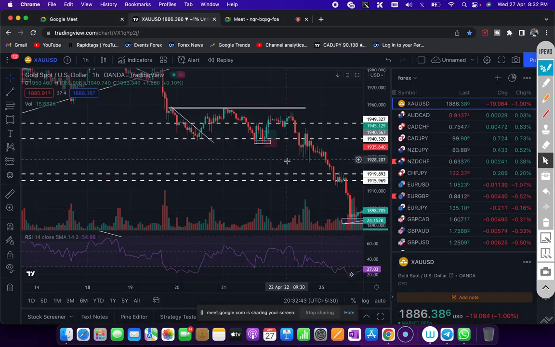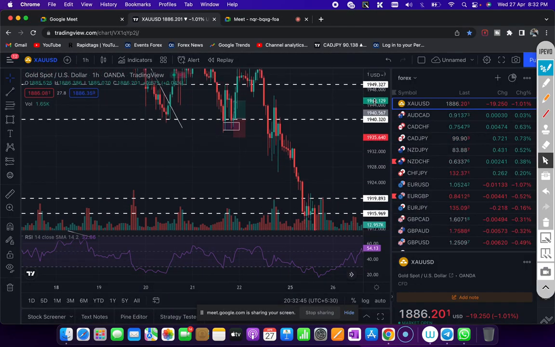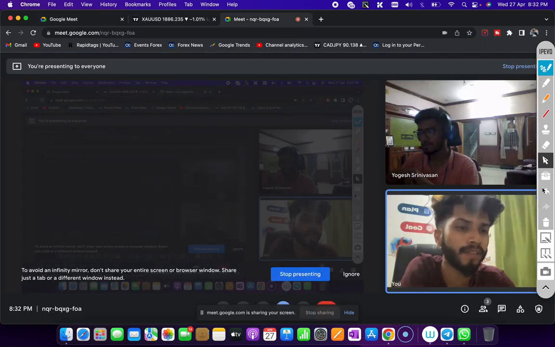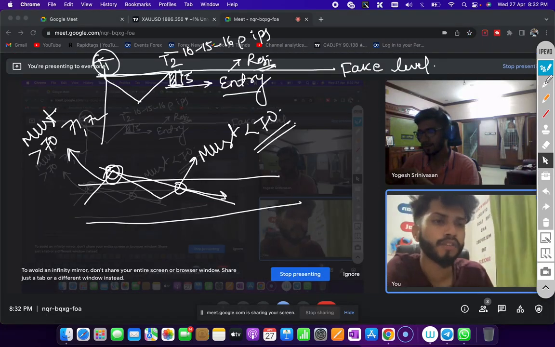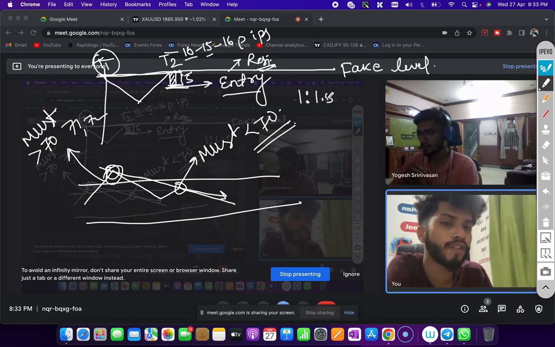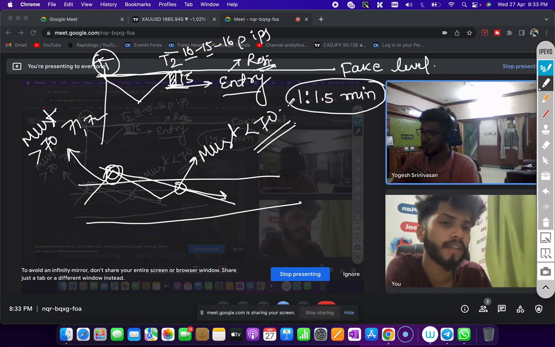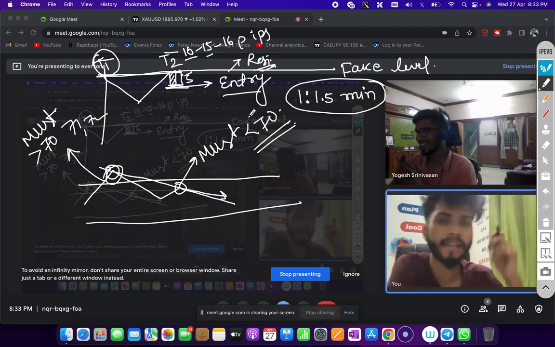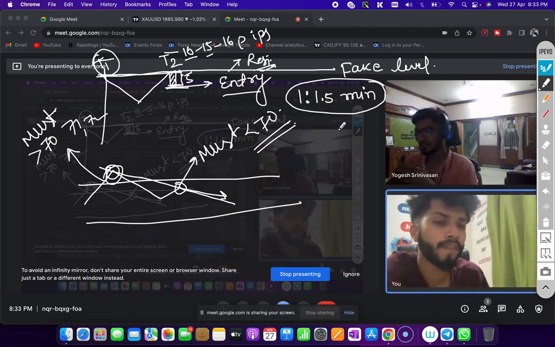If I tell you the concept of this particular thing, but before that let me tell you the target level first. If you initiate a trade right here by taking a stop loss of 10 pips or 15 pips, the first thing you can do is make a risk reward ratio of 1:1.5 minimum.